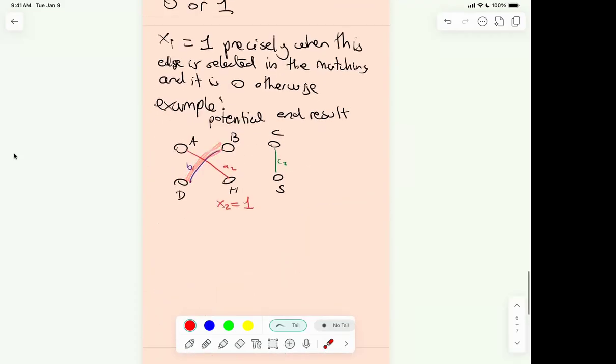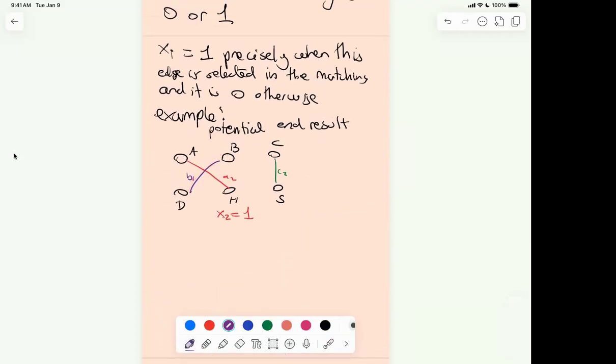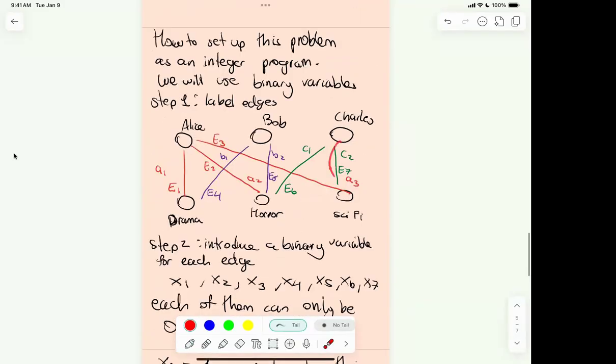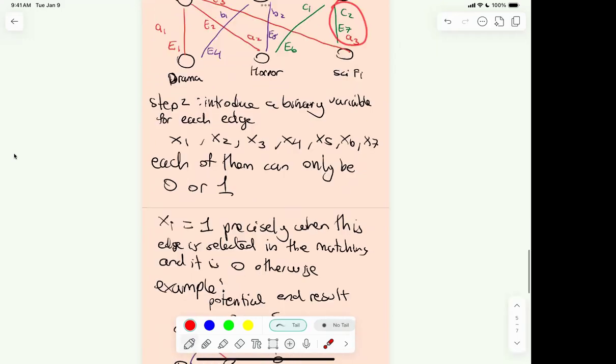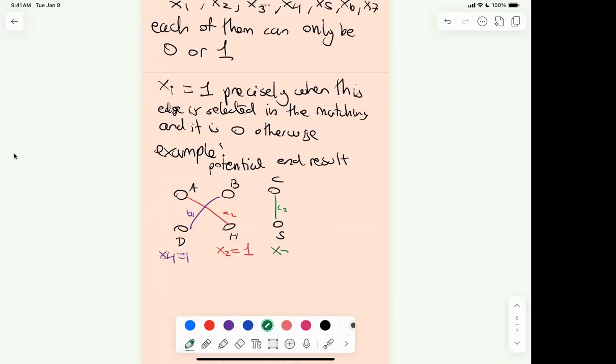So edge 4 would have value 1 as well. And what was this edge from C to S, from Charles to sci-fi with price C2? That was the last edge, E7. So x7 would have been 1, and all the other variables would have been 0 because none of the others were selected.